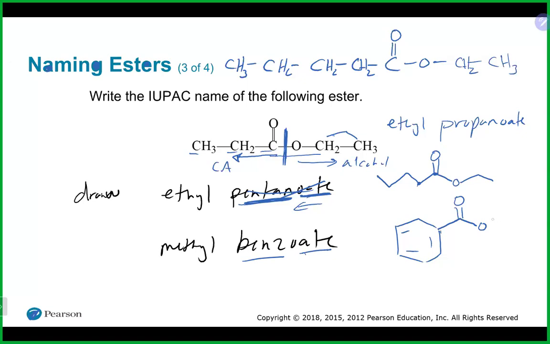And methyl would mean I just have one more carbon. In line structure, it looks something like that. Or you could do a little bit of this, maybe not for the benzene ring. Do something like that as well.